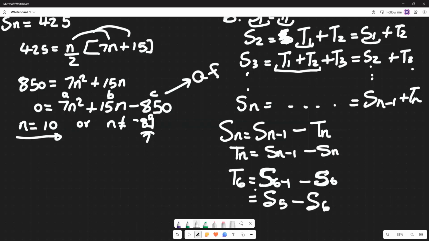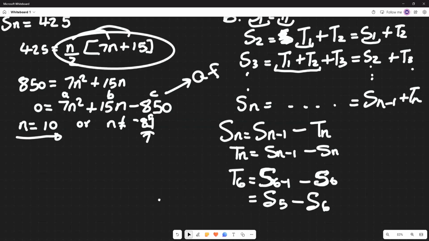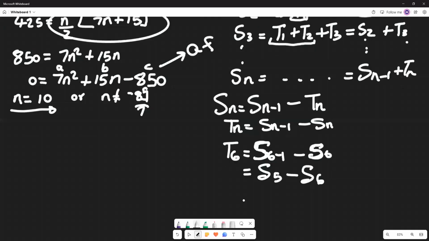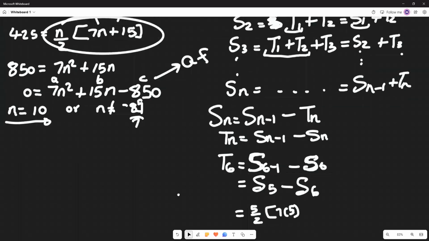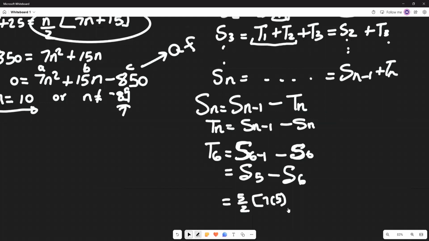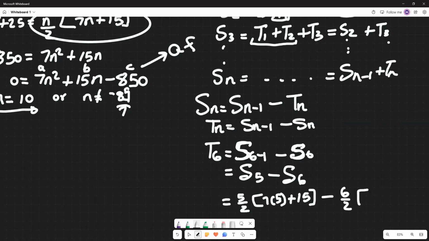All right. Remember, this is the Sn formula, right? So we can easily substitute now. To say, okay, this is exactly the same thing as 6 over 2, 7 times 6 plus 15, and then we need to minus S5, where n is 5 over 2, 7 times 5 plus 15.